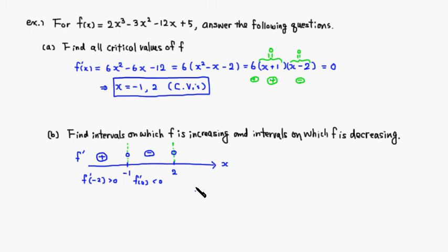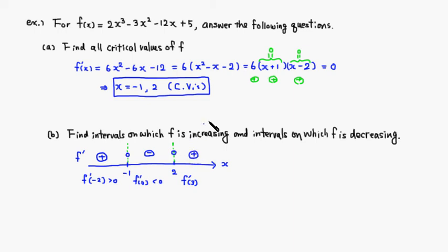For the last one, anything bigger than 2, I'll try 3. f prime of 3: 3 plus 1 is positive, and 3 minus 2 is also positive, so everything is positive and the product is going to be positive.